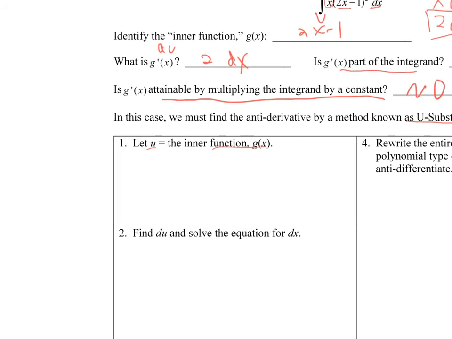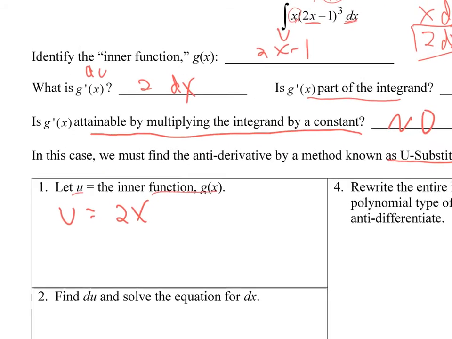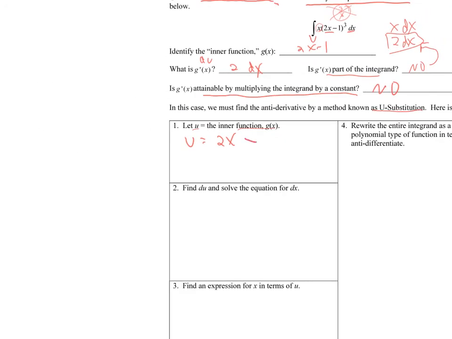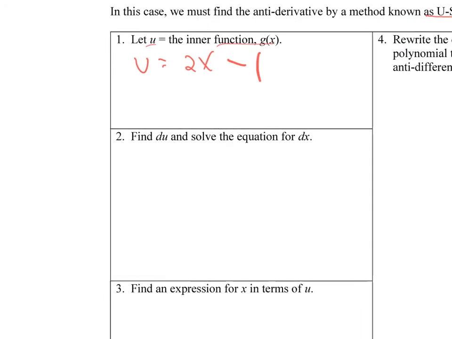Okay. Let u equal 2x minus 1. That's fine. That's a step. That's my step 2. Find the du. Okay, then du, I already did it, was 2 dx. But look what he said. Find du and solve it for dx.